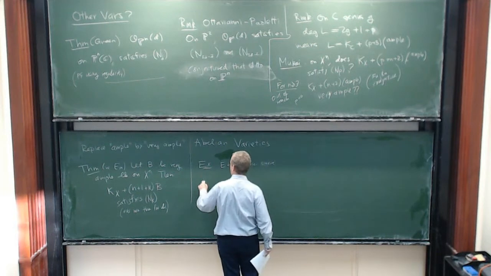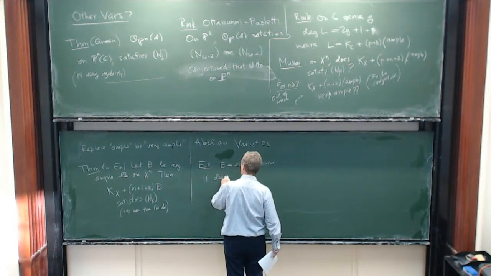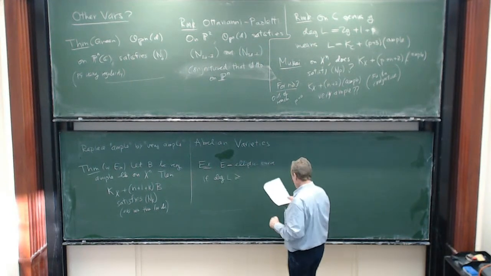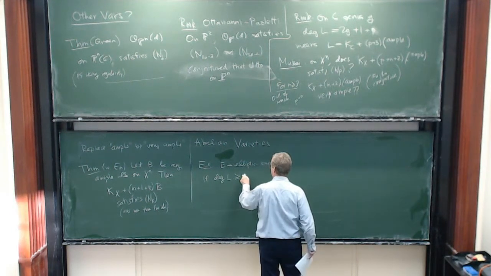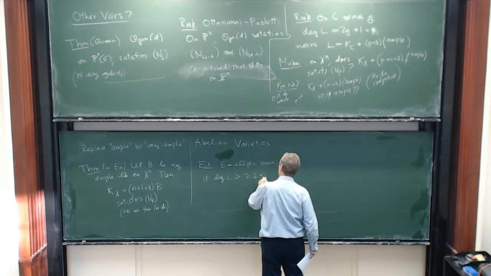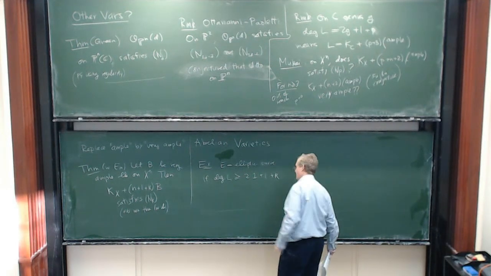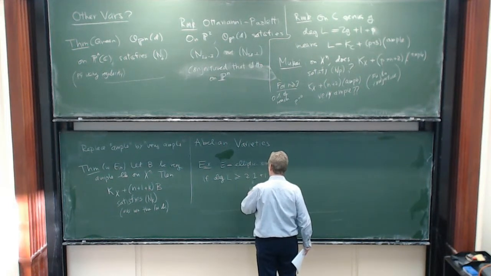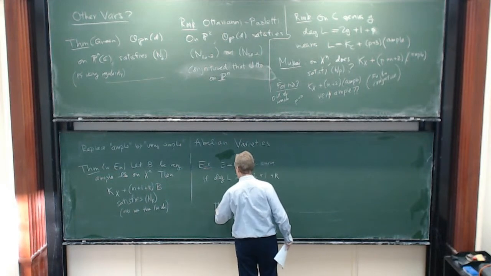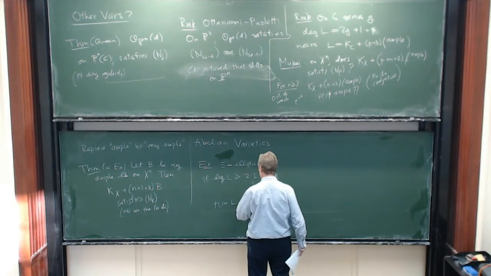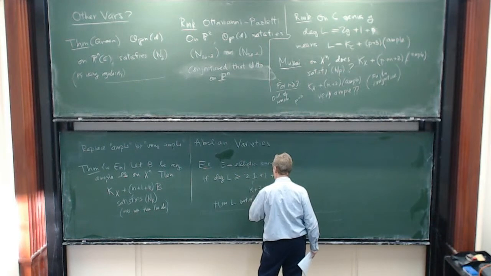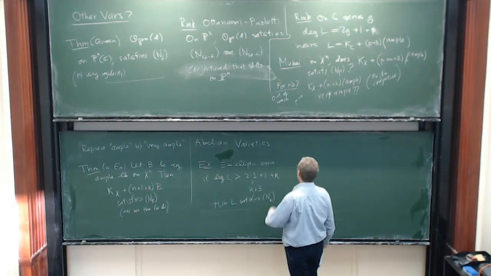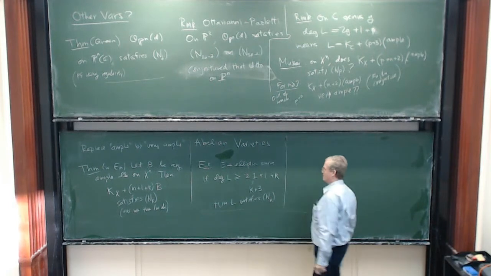Green's theorem says that if the degree of L is at least 2g plus 1 plus k, so this looks like k plus 3, then L satisfies N sub k. Okay. So you know, degree 4 is cut out by quadrics and so on.